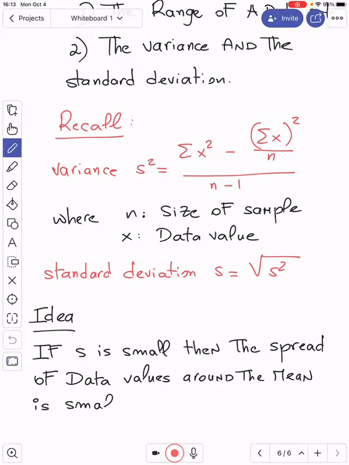And if S is large, then the spread of the data values around the mean is going to be large.